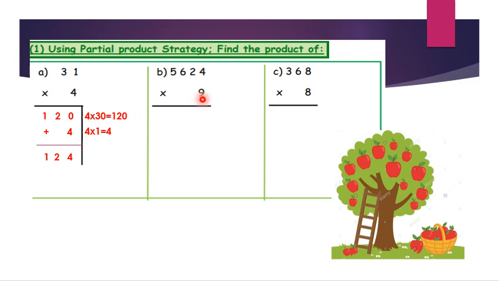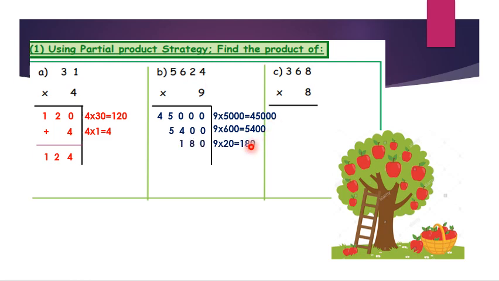Let's see the second example. Don't forget the value of each number. 9 by 5 in the thousands, so 9 by 5,000 equals 45,000. 9 by 6 in the hundreds should be 9 by 600, which is 5,400. 9 by 2 in the tens, so 9 by 20 equals 180.